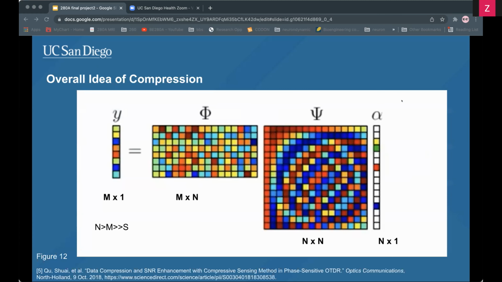So here is the overall idea of the compression. Consequently, a much smaller vector signal Y with M samples is generated from the N sample signal vector X via matrix multiplication, with the compressive matrix psi and the discrete Fourier transform matrix phi, whose size is N times N.